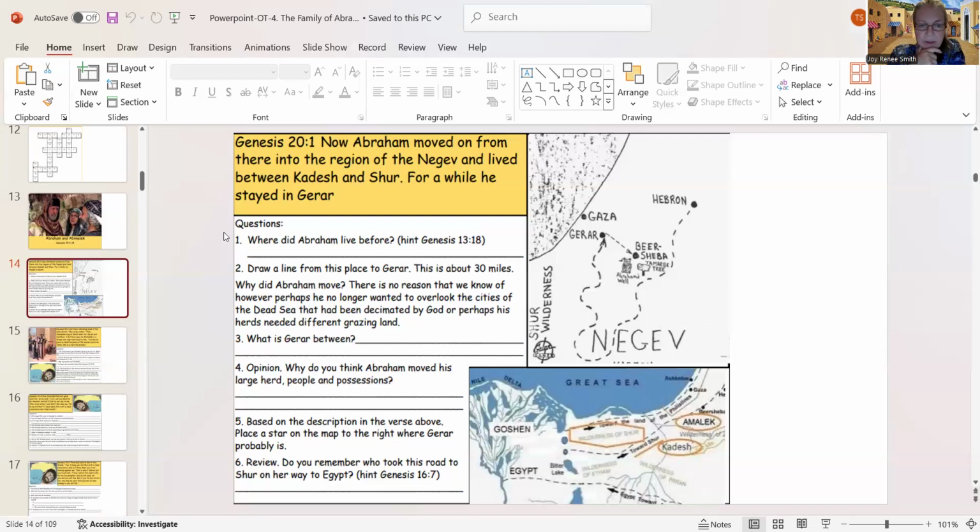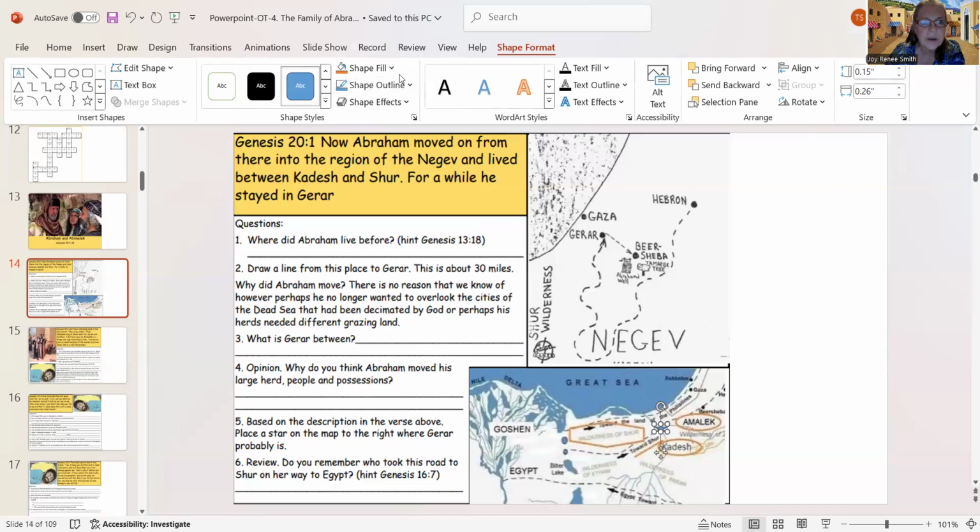Based on the description in the verse above, place a star on the map to the right where Gerar probably is. Okay, star. Probably right here somewhere, right?